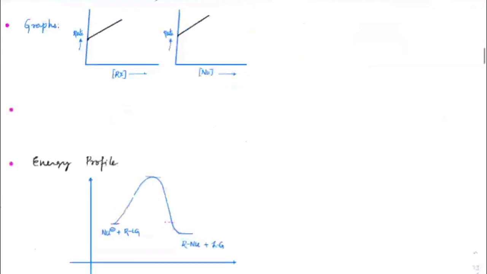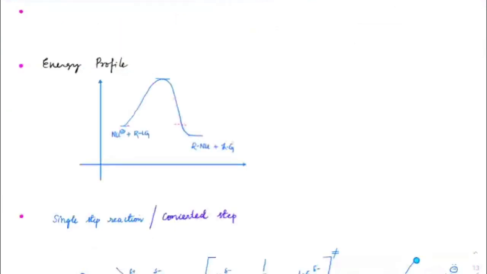So overall energy is going to be released. So if the nucleophile reacts with the substrate here, it will go through a transition state and reach the products. In the products you can see the products will have lower energy compared to the reactants, hence this is an exothermic reaction.